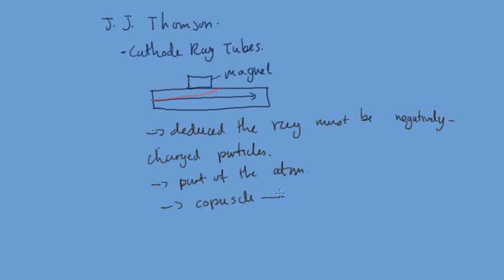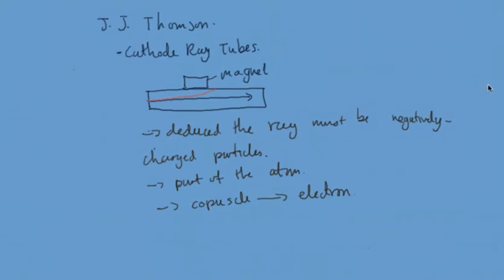This is what we now know as an electron. For this discovery, J.J. Thomson was awarded the Nobel Prize in 1906. And you could argue this is the first time that a particle accelerator was used to discover a subatomic particle.